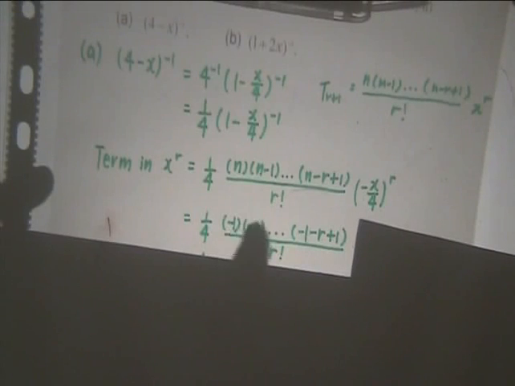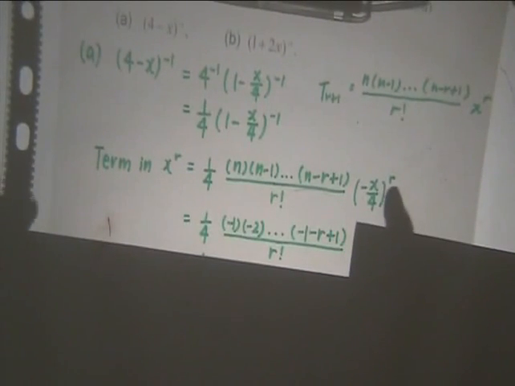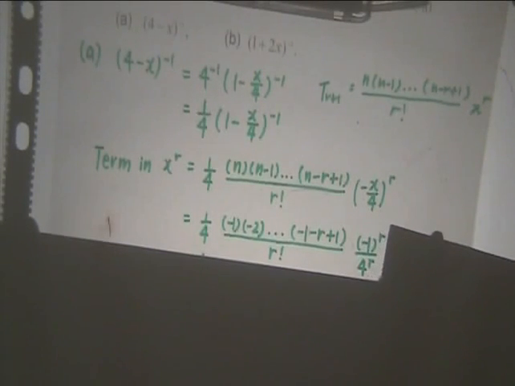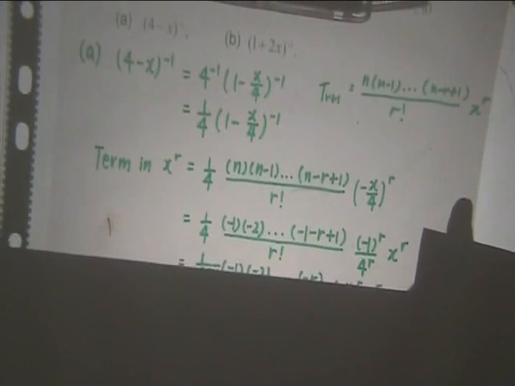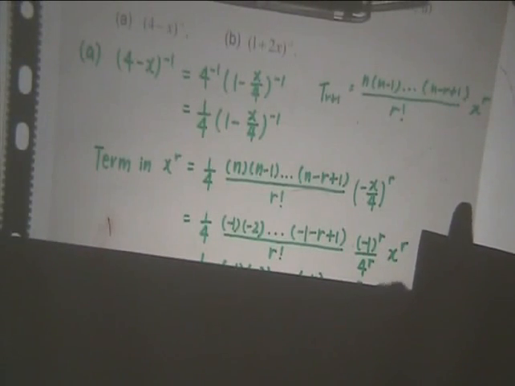So I have minus 1 times minus 2 all the way to minus 1 minus r plus 1 over r factorial. For this part, it's minus x over 4 to the power r. I can take out minus 1. This is actually minus 1 times x. So minus 1 over 4 to the power of r times x to the power of r. Can you follow? You can see that they are equal.